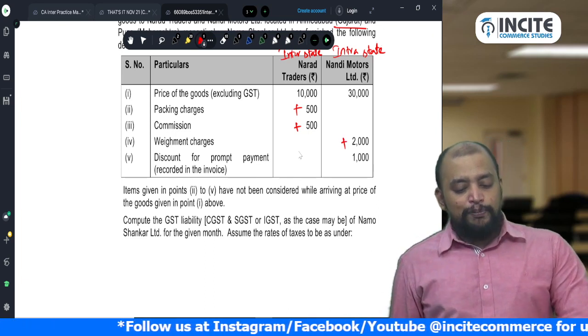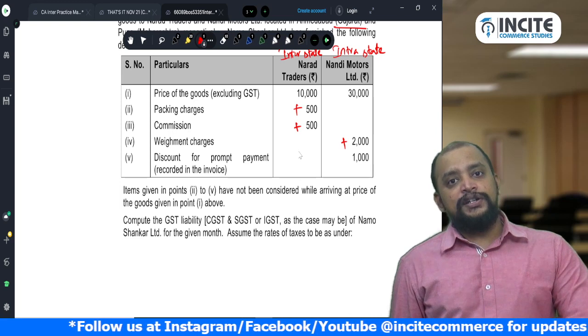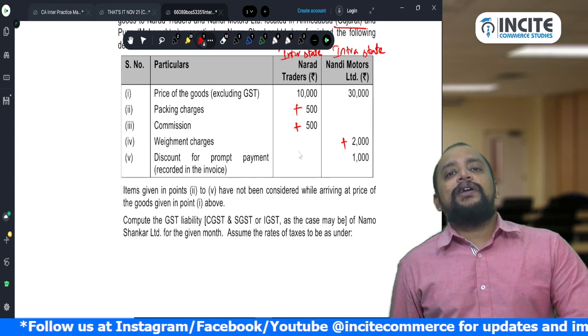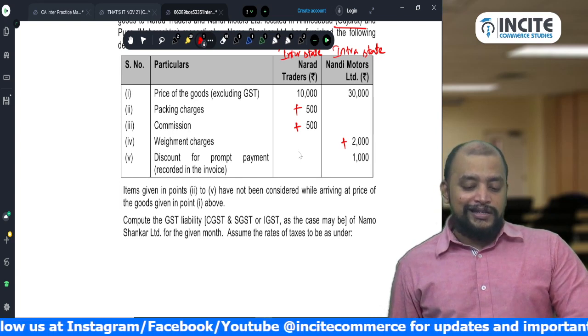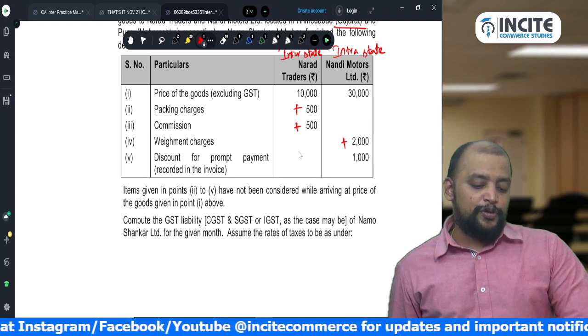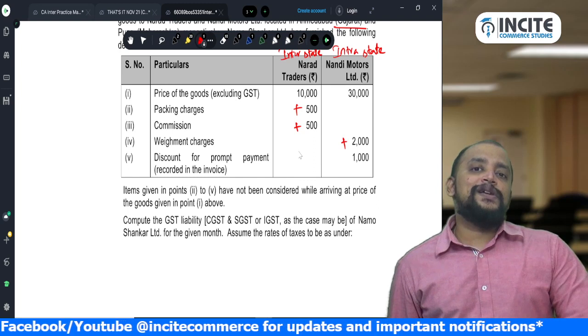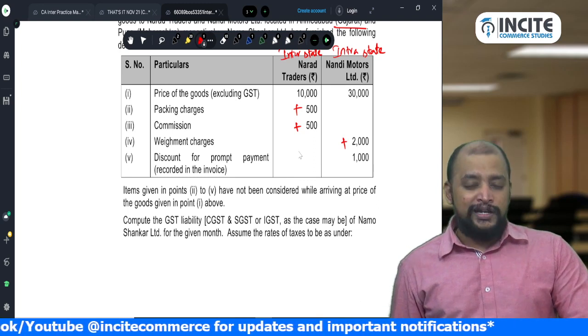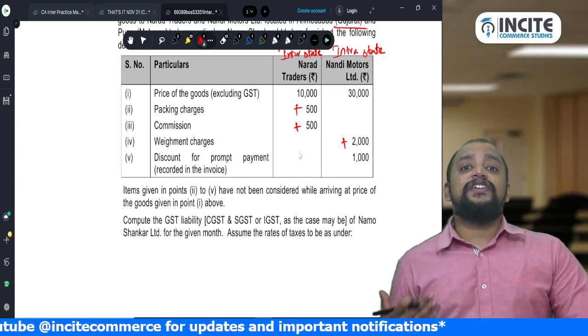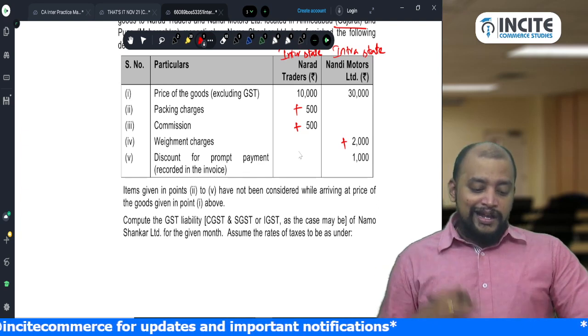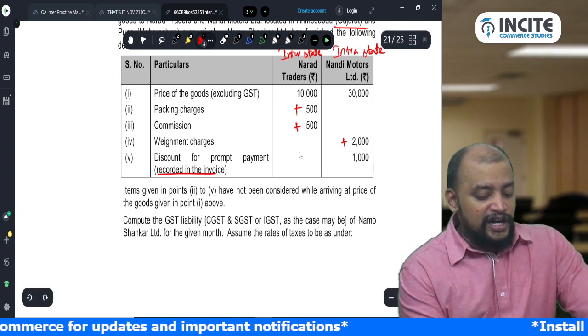Discount for prompt payment received, recorded in the invoice. Here in this case, when the discount is received for the prompt payment duly recorded in the invoice, whether it is to be included or excluded? It is to be excluded as per section 15 subsection 3, in the case it is recorded in the invoice.